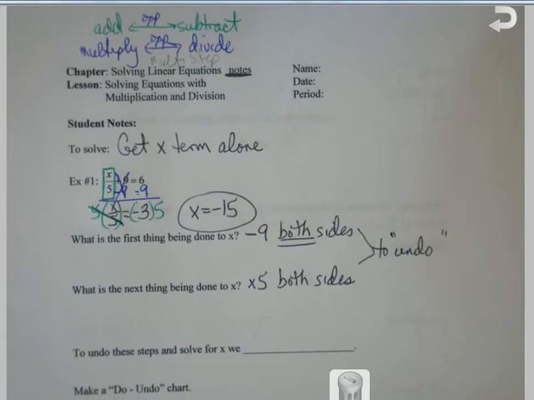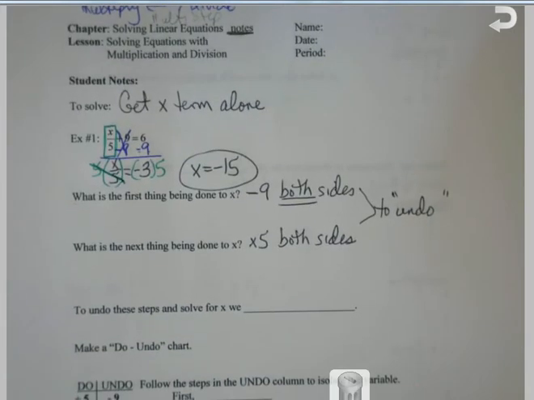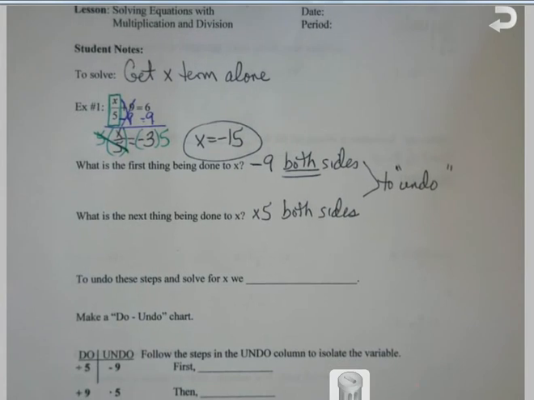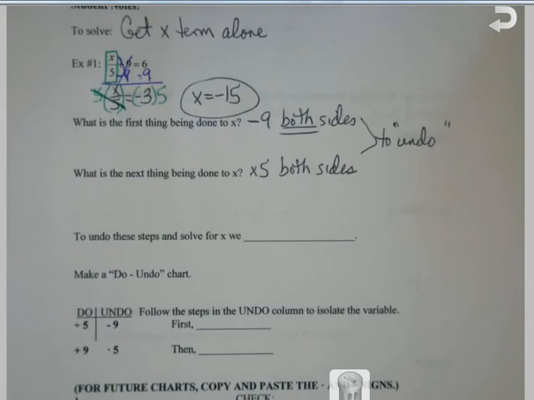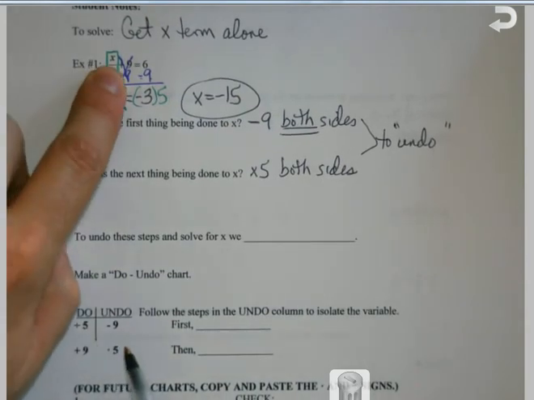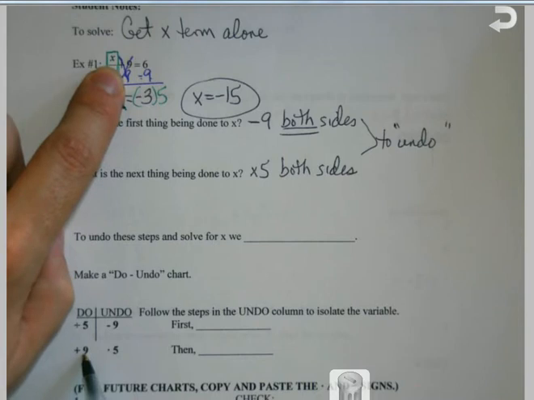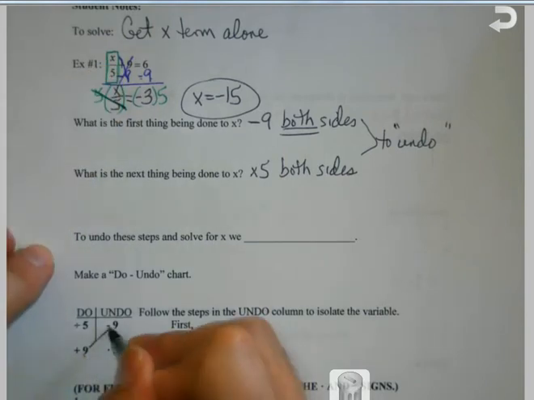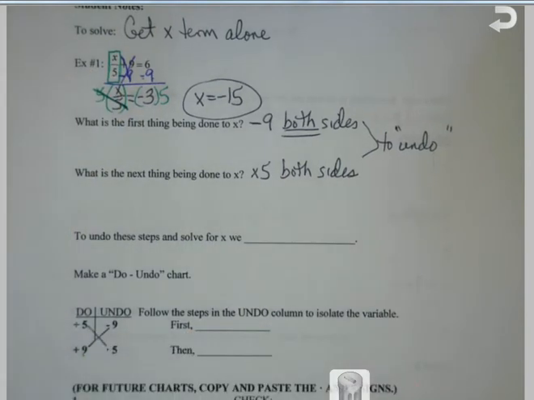Now, do you have to do what they mentioned down here below? Do you have to do a do-undo chart? No, not really, okay? But if it's something that helps you to see how this works, if that helps you some to look at it and say, well, I've got to undo divide by 5 and I've got to undo plus 9, and then literally write down what it takes to undo them, okay, that's okay.